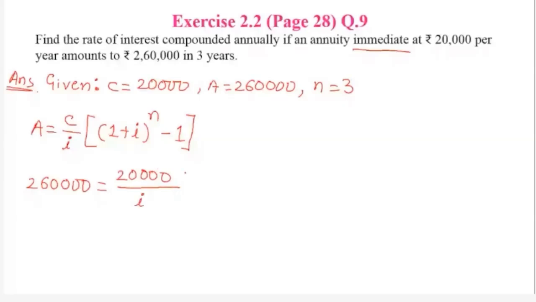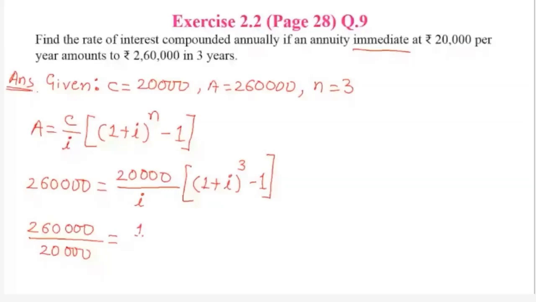We have to calculate that I, in square bracket, in round bracket, 1 plus I raised to 3 years, minus 1. Clear? Let us shift this 20,000 this side. 2,60,000 divided by 20,000. 20,000 was in the numerator, it will come to the denominator, is equal to 1 upon I.